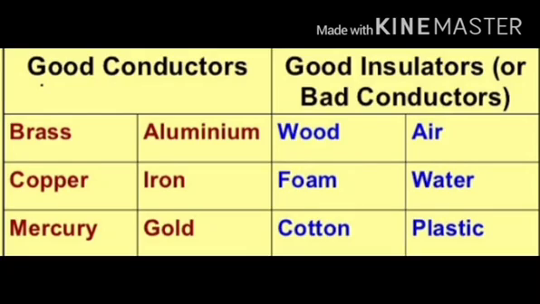Good conductors are brass, copper, mercury, aluminium, iron, gold, etc. Good insulators or bad conductors are wood, foam, cotton, air, water, plastic, etc. The kitchen utensils used for cooking are normally made of metals, but their handles are made of plastic or other material which does not allow heat to pass through it, so we are easily able to hold a hot utensil.